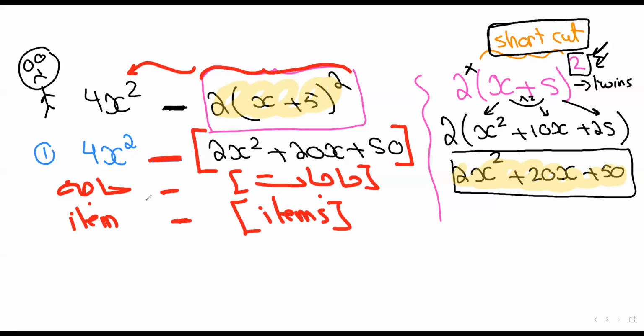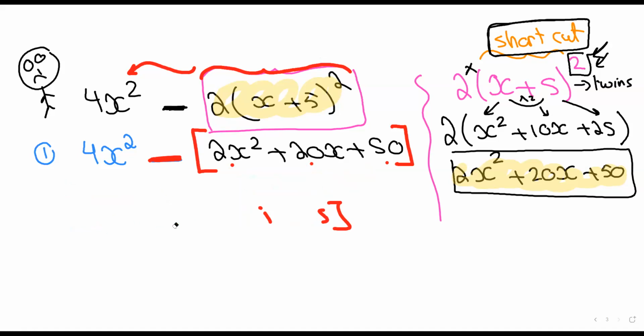Because this minus sign will affect all of these terms, changing all their signs. So please remember, an item minus items, I must put the items in a bracket like this. Why? Because the minus flips all the signs behind it. So let's see what happens now and what will be the simplest form.